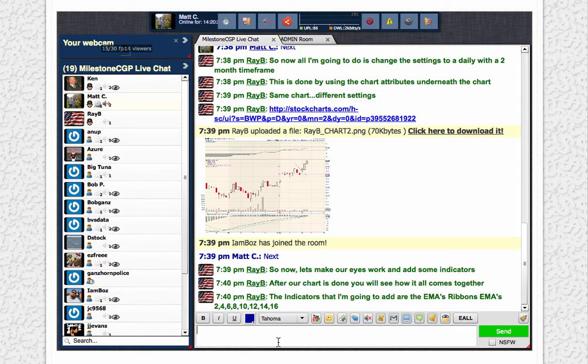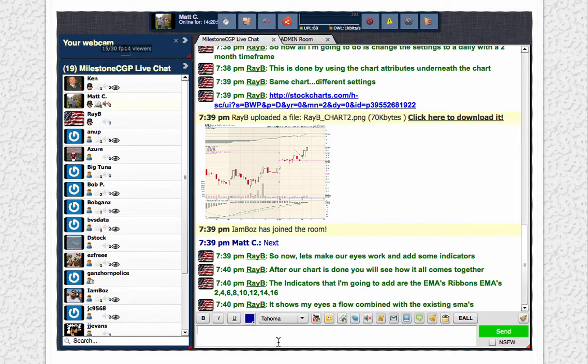So the indicators that we're going to add are the EMA ribbons, and the EMAs are 2, 4, 6, 8, 10, 12, 14, 16. It shows my eyes a flow combined with the existing SMAs.